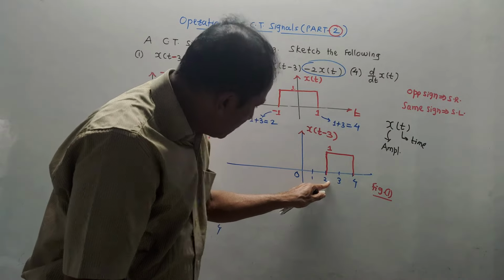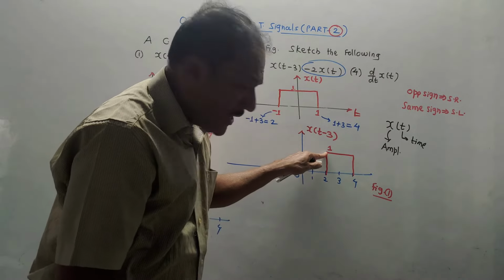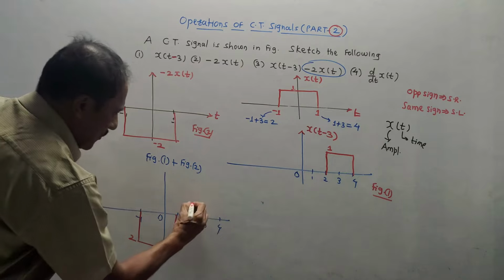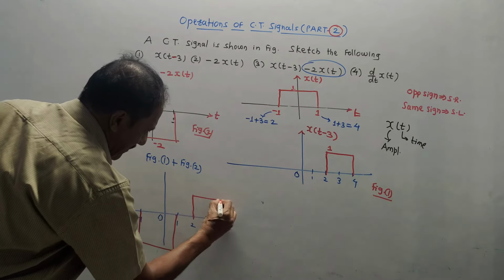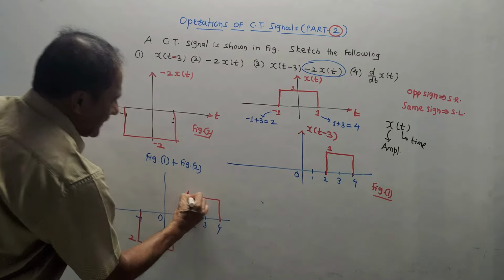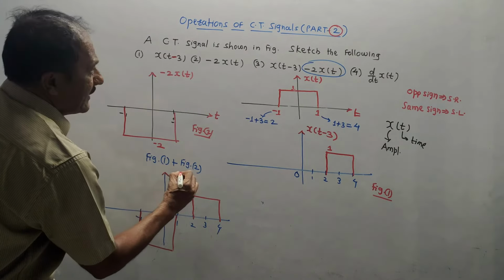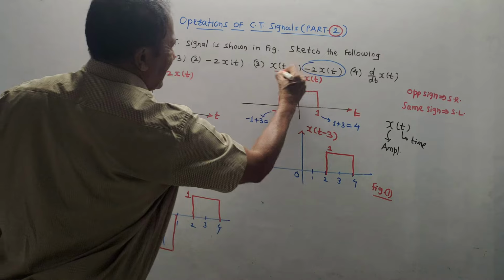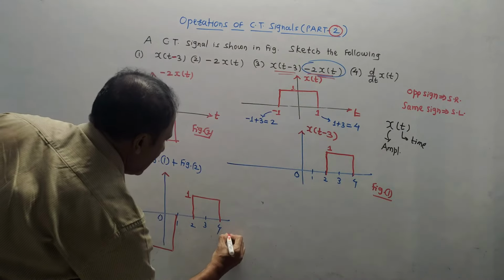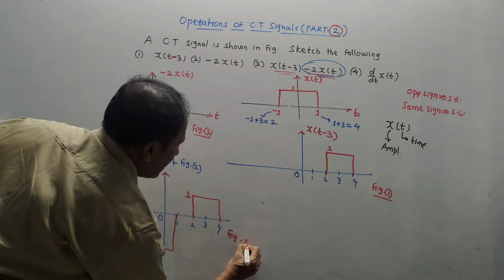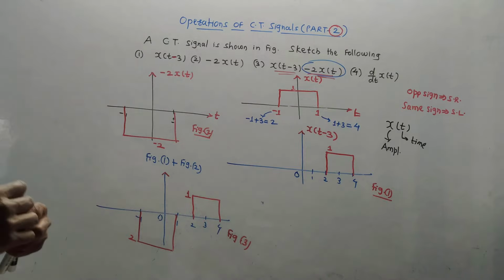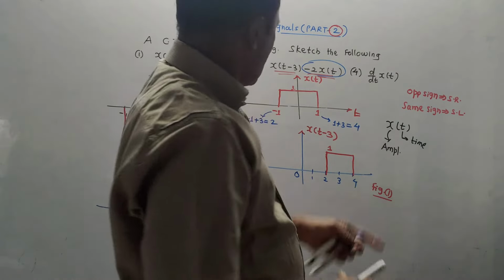This diagram starts from 2 to 4, whose amplitude is 1. Before 2 it is 0. So from 2 to 4 I will simply draw this amplitude as 1. This is the resultant diagram for the third part, that is x of t minus 3 minus 2x of t, say figure number 3.